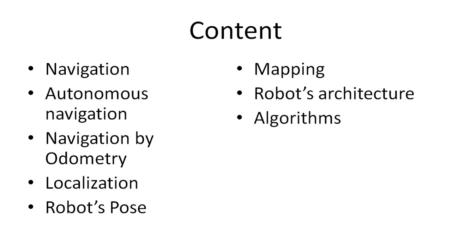Then we shall talk about what algorithms are, and what the different types of algorithms are. And we shall also talk about the performance parameters of algorithms. Finally, we shall learn about the bug algorithm. We shall see how it works for autonomous navigation of mobile robots.